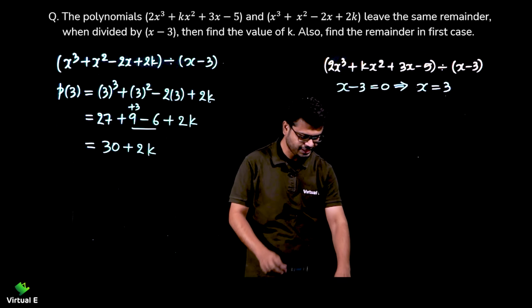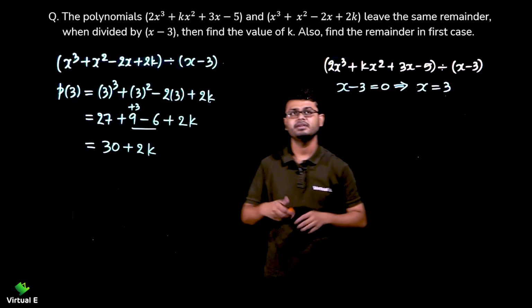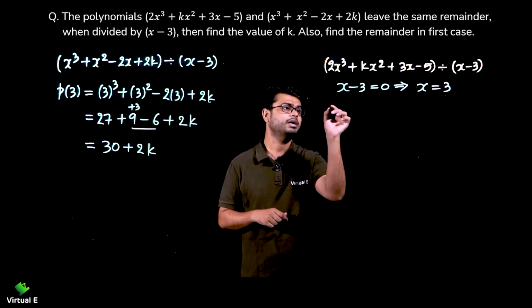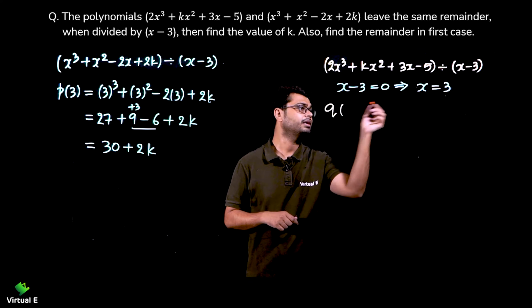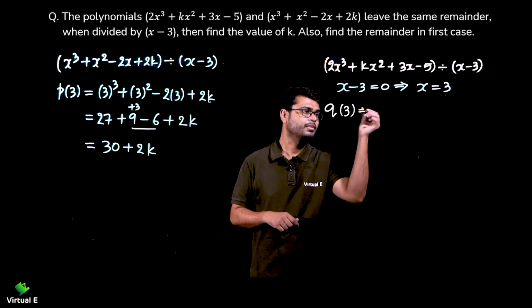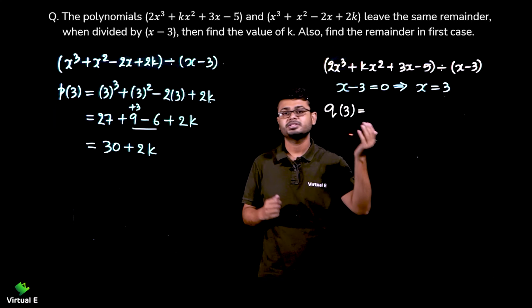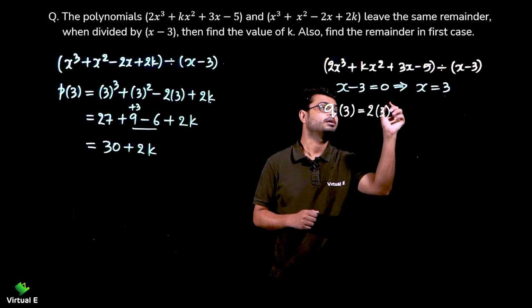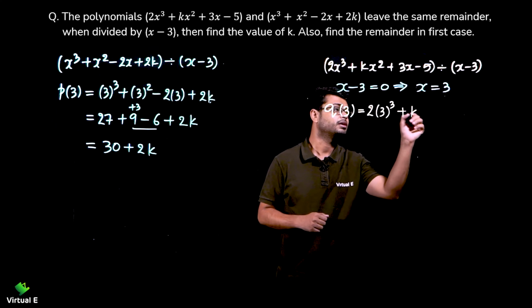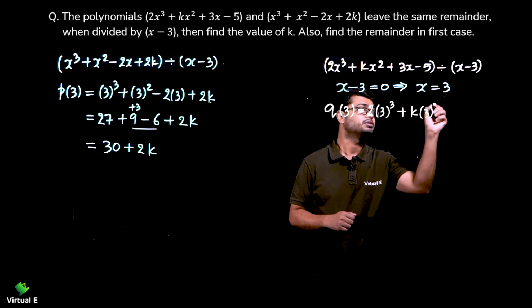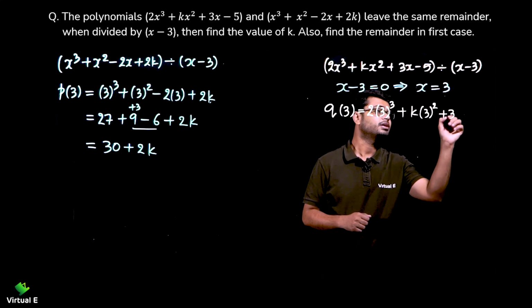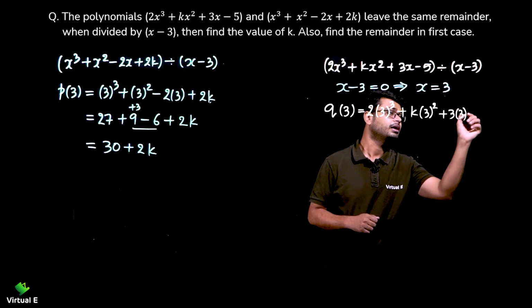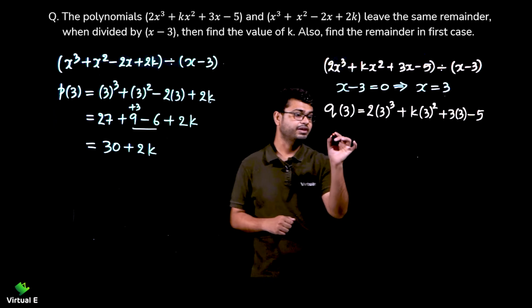Now let's find the remainder in the first case. So we can write here q of 3. So wherever x is there, we are going to replace it with 3. So let's start. 2 into 3 cubed plus k into 3 squared plus 3 into 3 and minus 5 here. Okay, so let's simplify further.